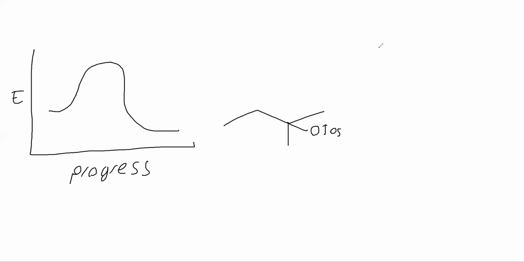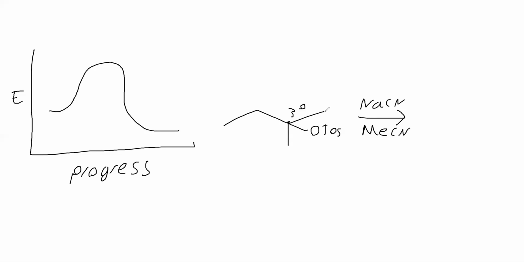So what changed here? At the beginning, we were looking at the OTs being on this position where it was primary, but now we have it switched to a tertiary position.